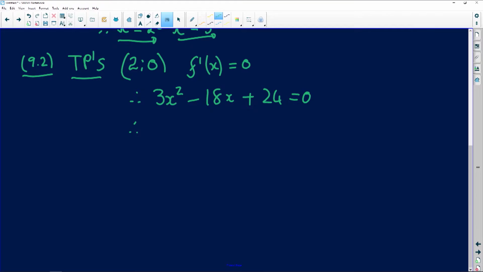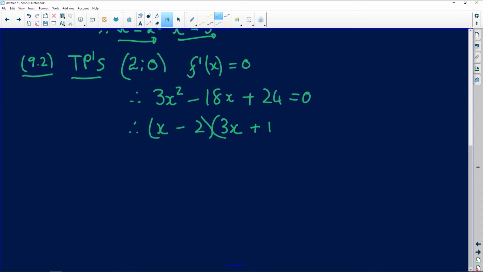But now here's where I'm going to be a little bit scallum. I know that one of those roots, or factors, will be x minus 2. So let's make the one factor x minus 2. Well, what do I need here? I need a 3x so that if I multiply them out, I get 3x squared. I've got minus 2 here.